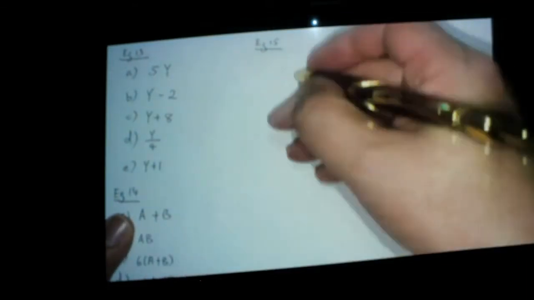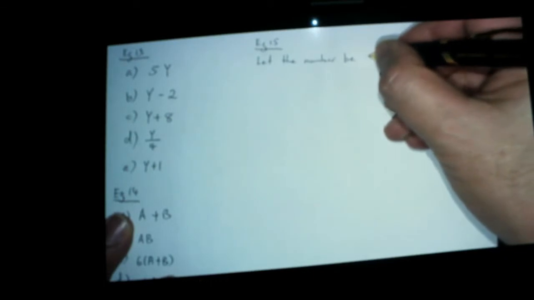Okay, moving on to example 15. We have a situation. Write the equation for the following rules. 15 is added to a number and the result is 21. So let the number be x.